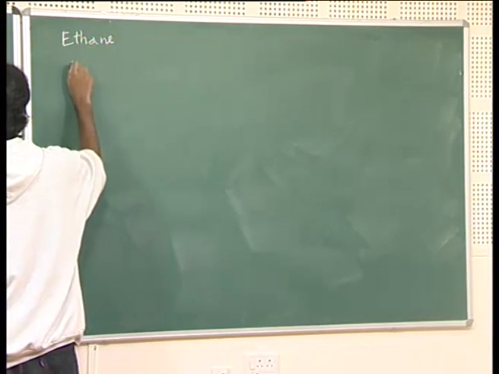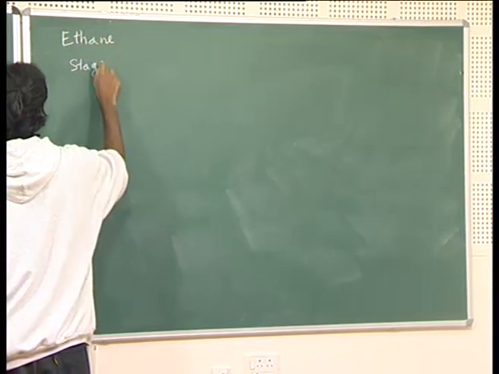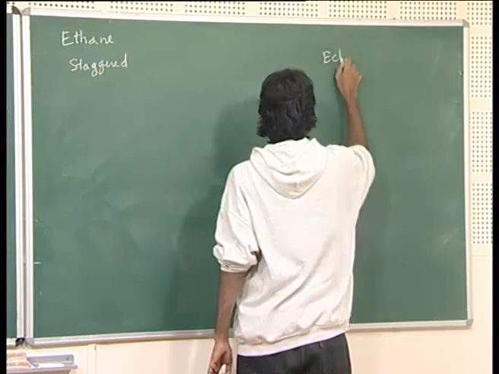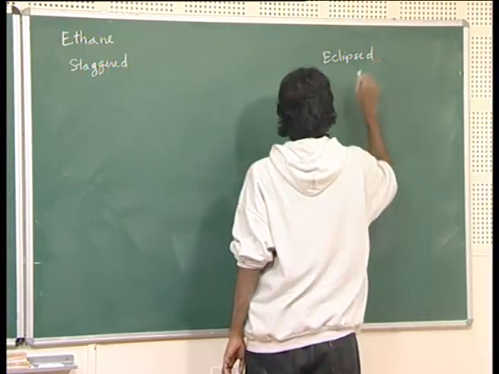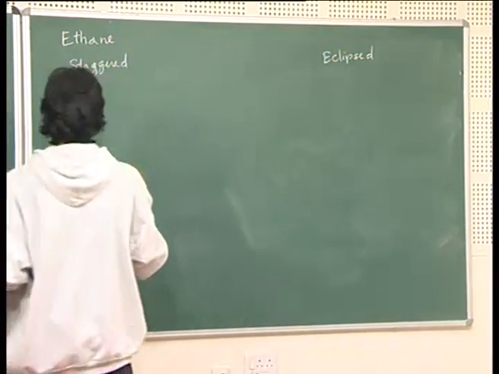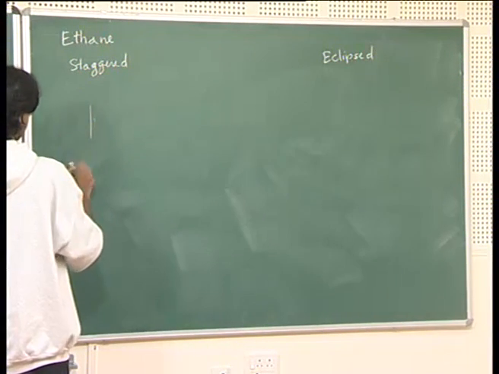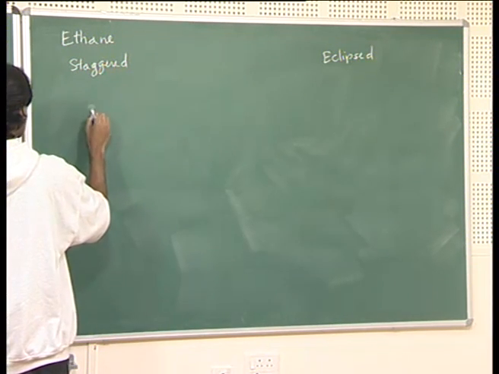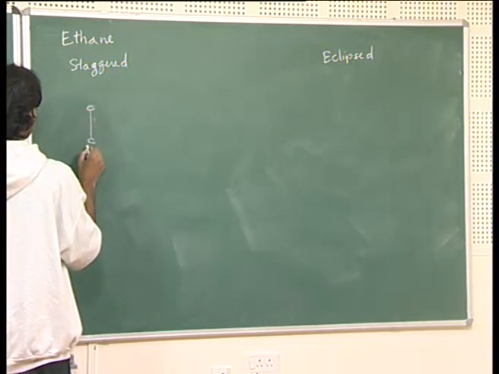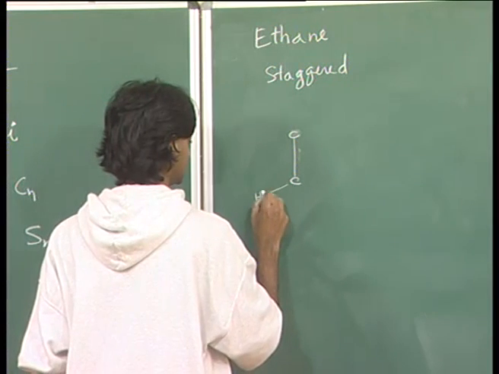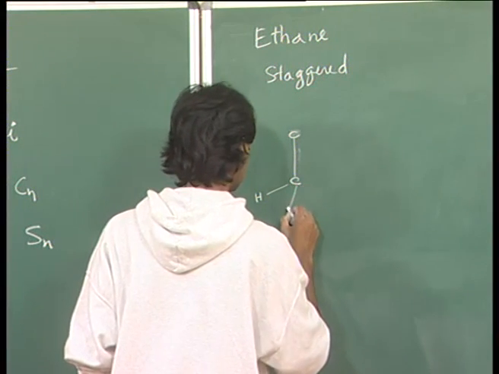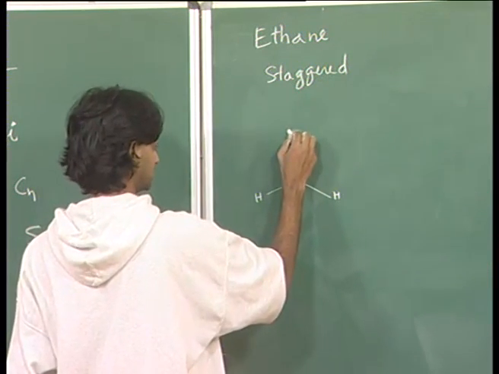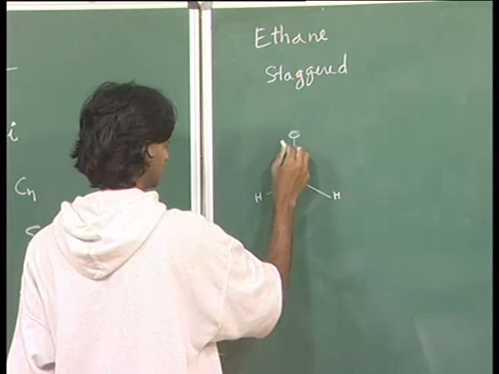Okay, so on this side I will show staggered, and on this side I will put eclipsed conformation. Okay, so in the staggered conformation of ethane, it looks something like this. So you have a carbon here, another carbon, and then you have hydrogens, and on this side you have them staggered.